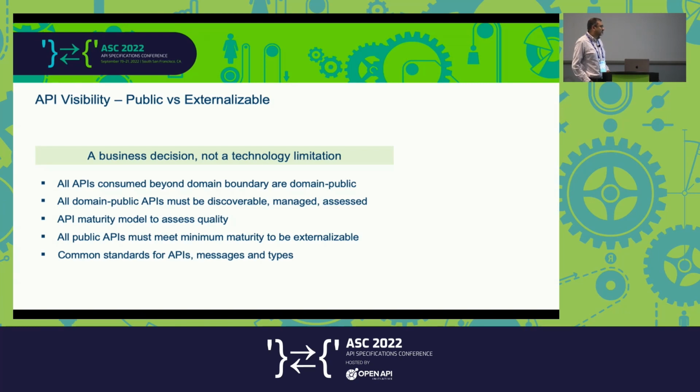We need to have common standards, not only for our API definitions, but also for the schema or type definitions that provide the vocabulary that connects the entire bounded context.